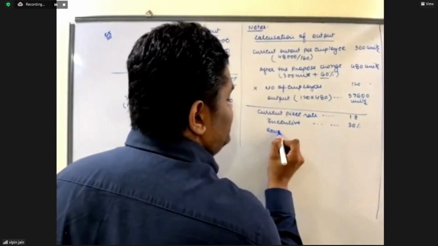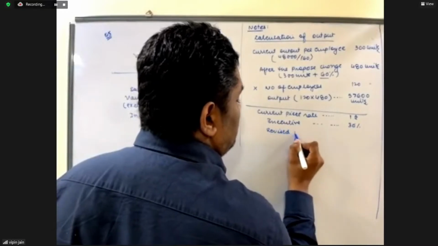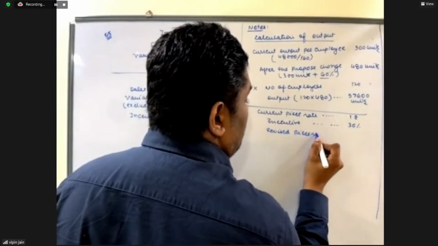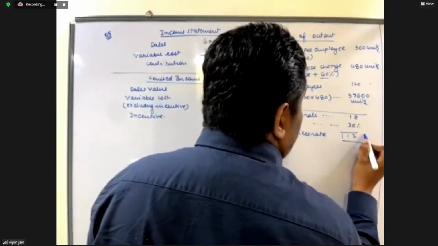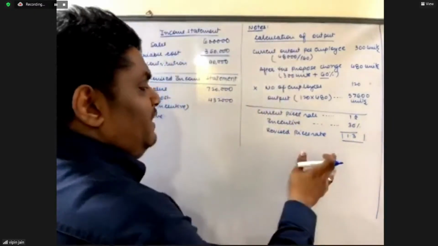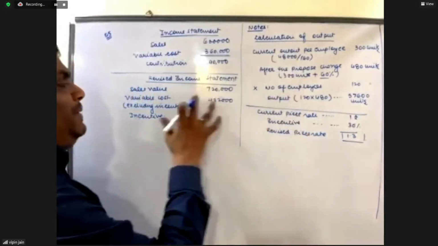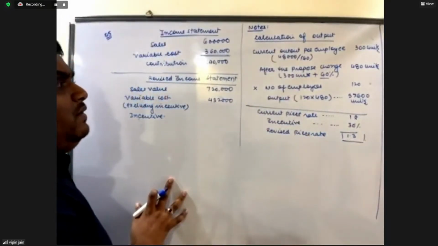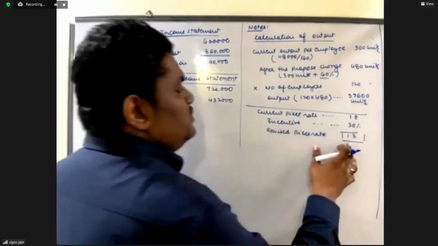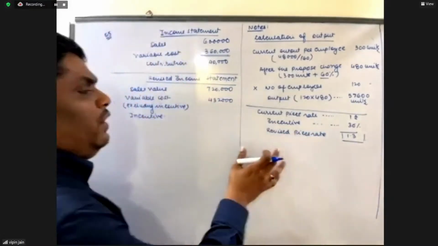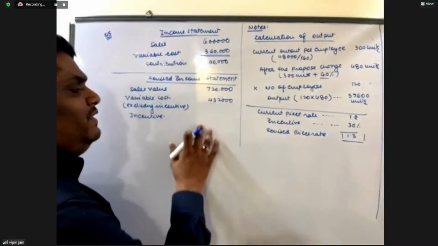So the revised piece rate will be 1.3. Now 1 rupee is already included in the variable cost, so we have to record only 30 paisa as incentive in this part.